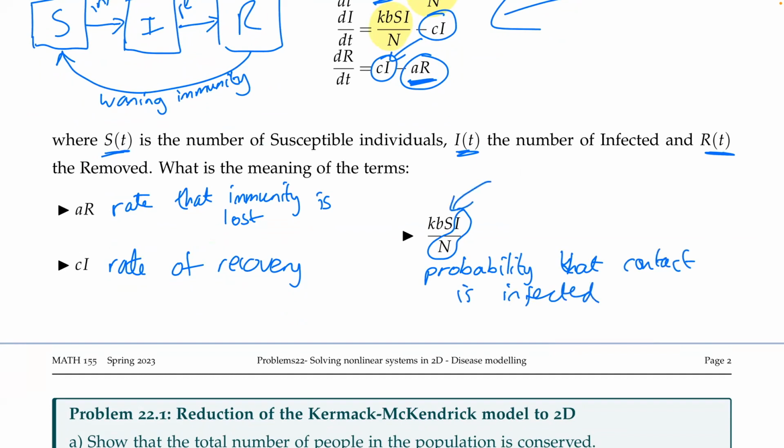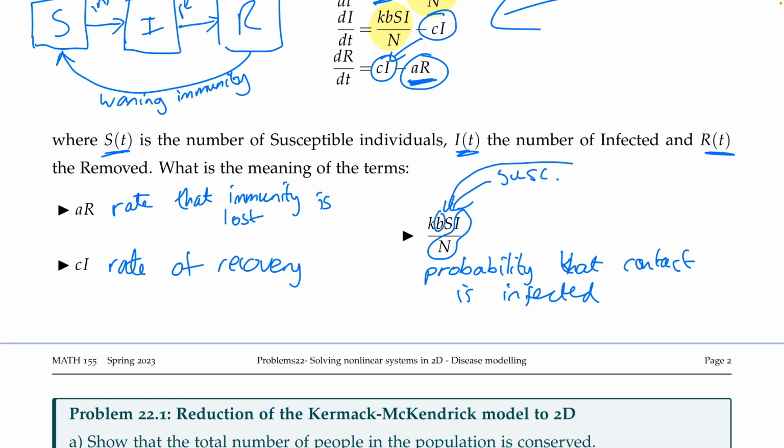We have our S here, that's just a susceptible individual. So we have a certain number of susceptible individuals and they're coming into contact with infected individuals. So the number that we're going to be removing is going to be based on the number of S individuals. So these are our susceptible individuals.